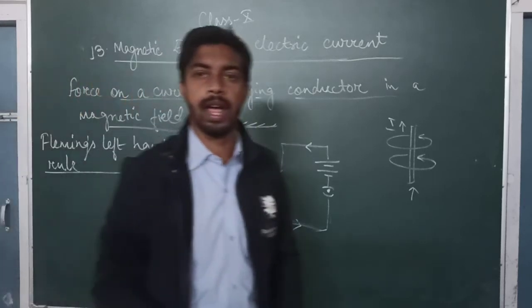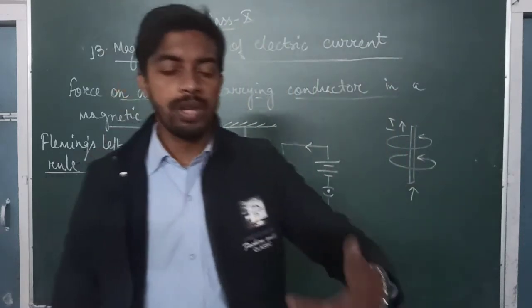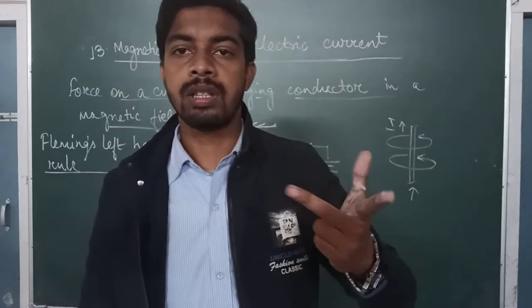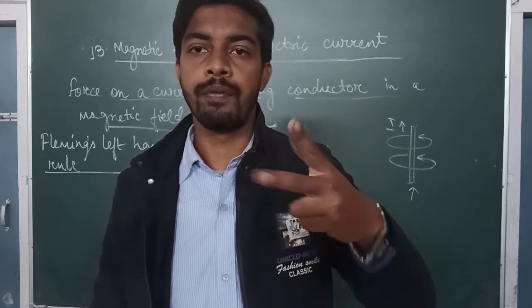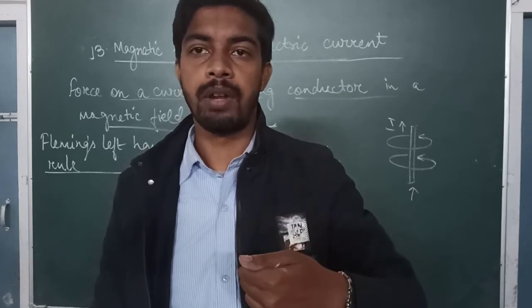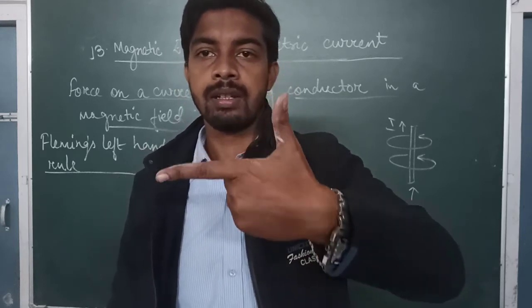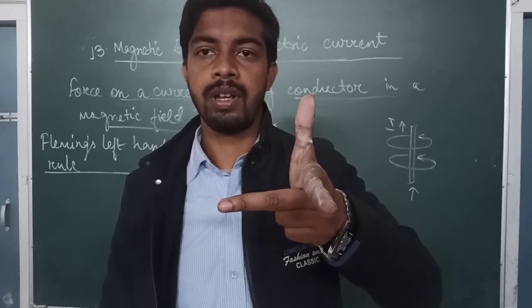Fleming's left hand rule. According to this rule, we have to extend three fingers, the thumb, the forefinger and the middle finger of the left hand, in such a way that they are mutually perpendicular to each other, like this. First we extend here, then we extend the middle finger like this.